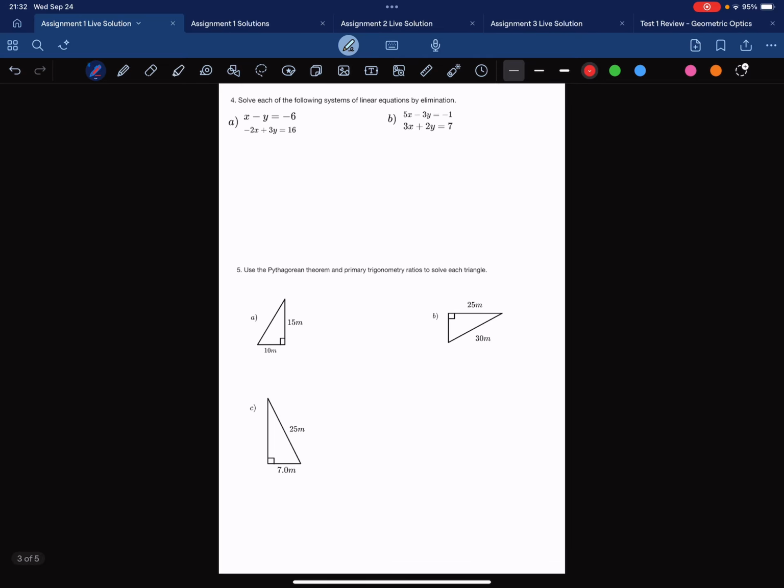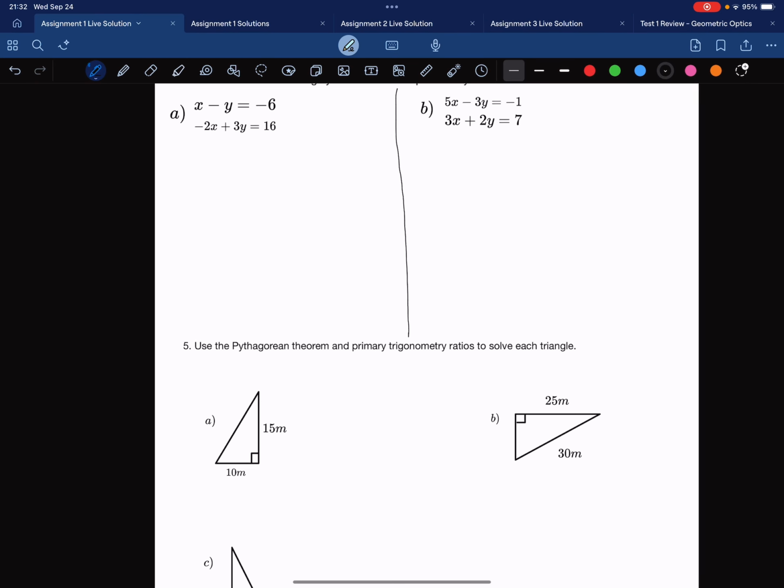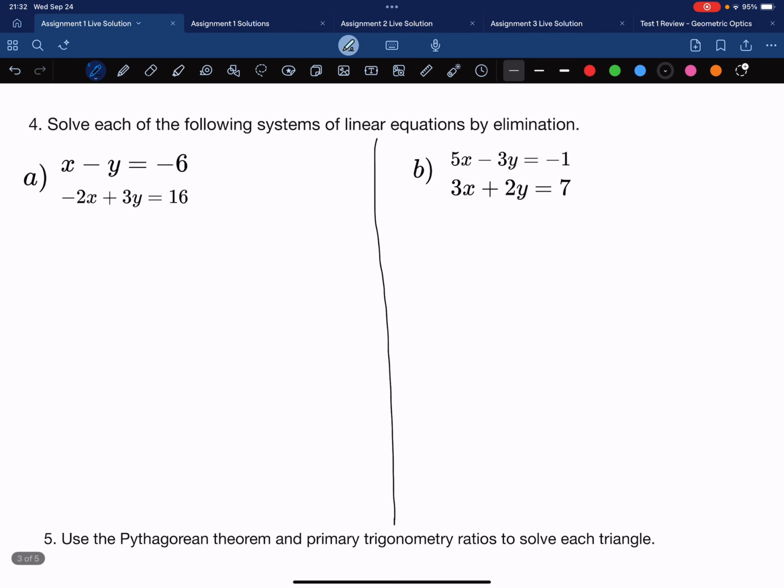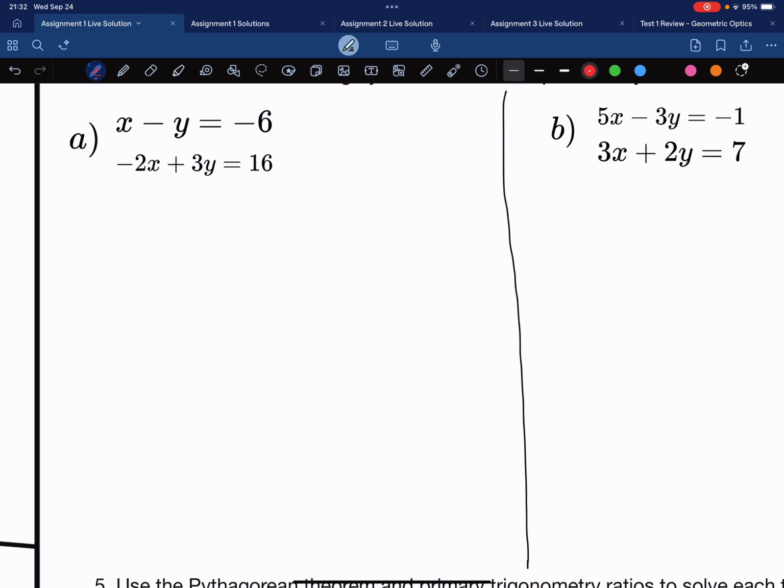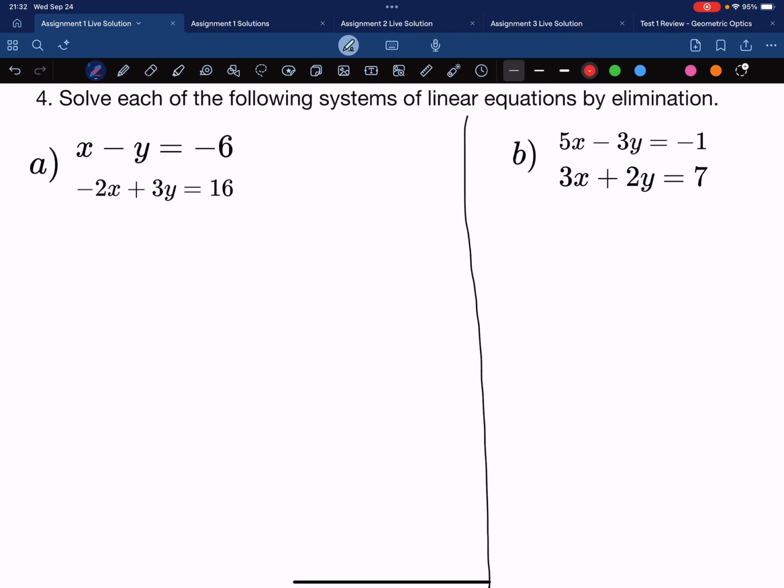On to question 4. Earlier when I started 3B, I thought I was doing elimination for a quick second, so that's what I was caught up on. But now we're doing elimination. So now, solve each of the following systems of linear equations by elimination.